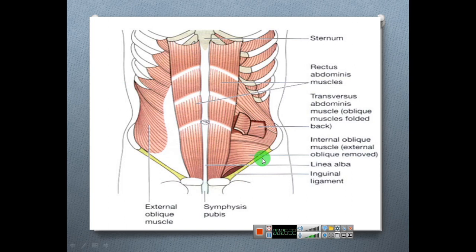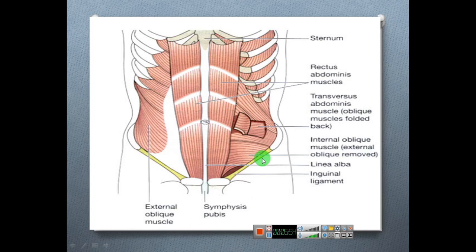The weak point is the inguinal canal, which contains the spermatic cord in the male and the round ligament in the female. Through the round ligament, the uterine arteries enter into the uterus.